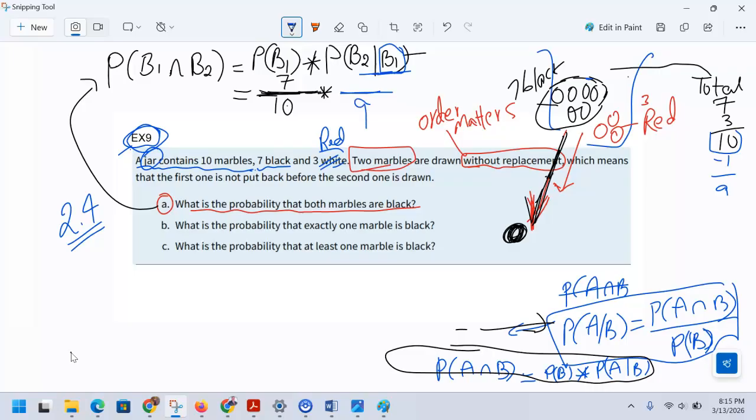Out of 9, you want to pick a black one, and since one is already gone, there are 6 of them. So your answer is 7 times 6, which is 42, divided by 10 times 9, which is 90. If you do a little math, you get 0.47.